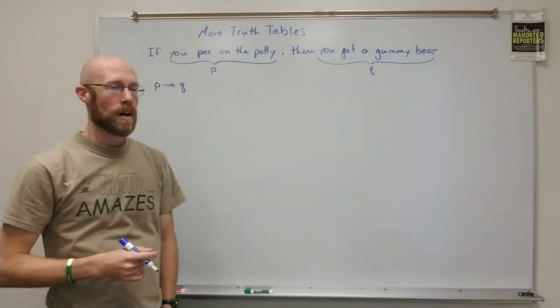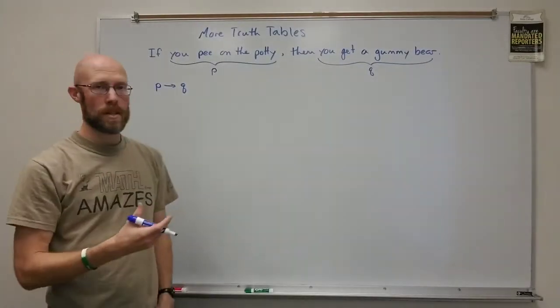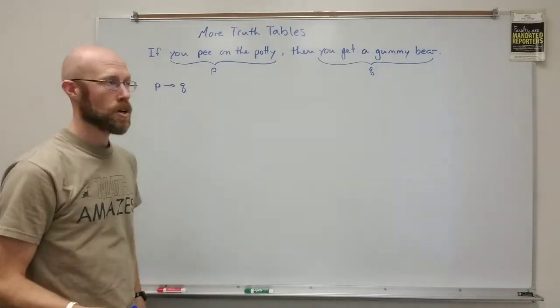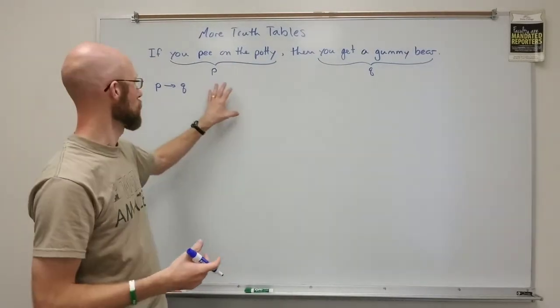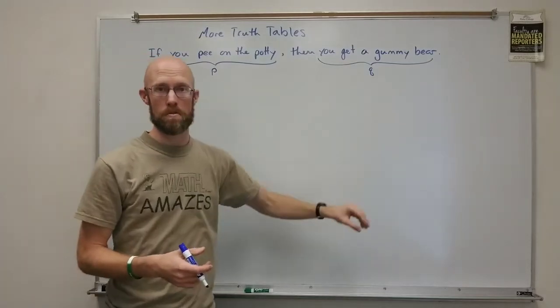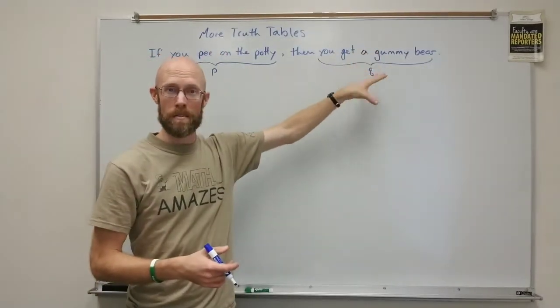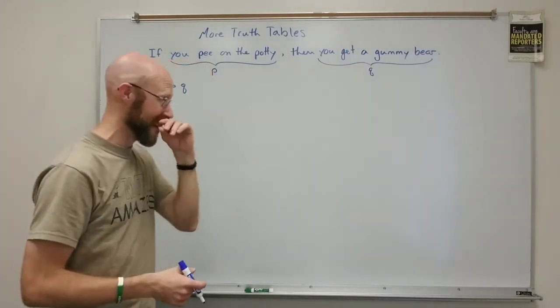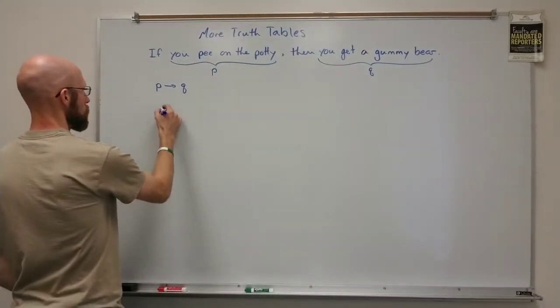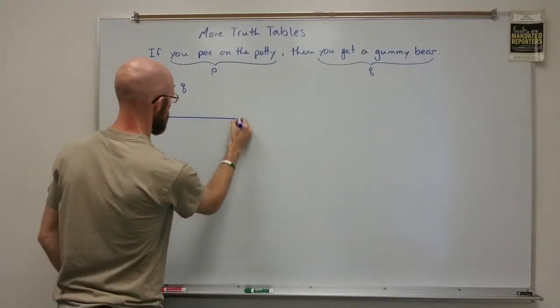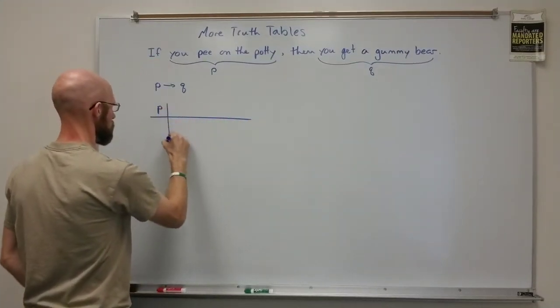Okay. So what we want to do then is try to figure out the truth value of that statement, whether that's true or false, based upon whether P is true or whether Q is true. Did she pee on the potty? Did she not pee on the potty? Did she get a gummy bear? Did she not get a gummy bear? We're going to first establish P and Q separately.